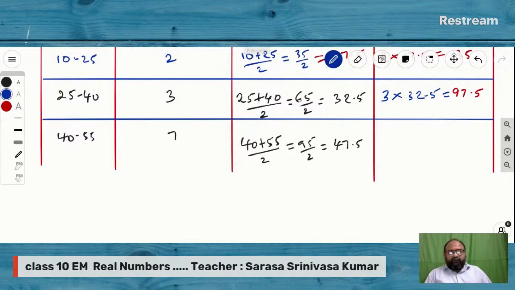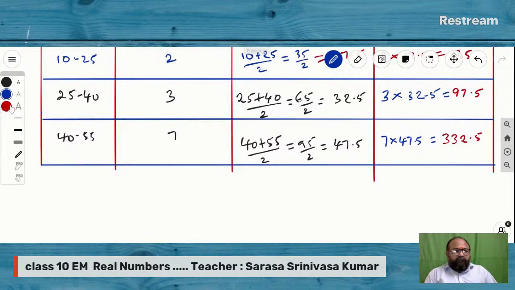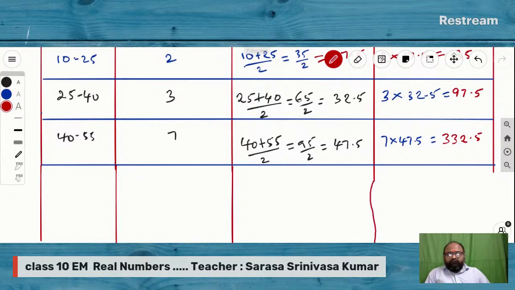So next column is calculated by 7 multiplied by 47.5. On multiplication we get 332.5. Students must learn this simplification, that is, the calculation part. In statistics the process is very easy to understand. Students must try to learn the simplification part.